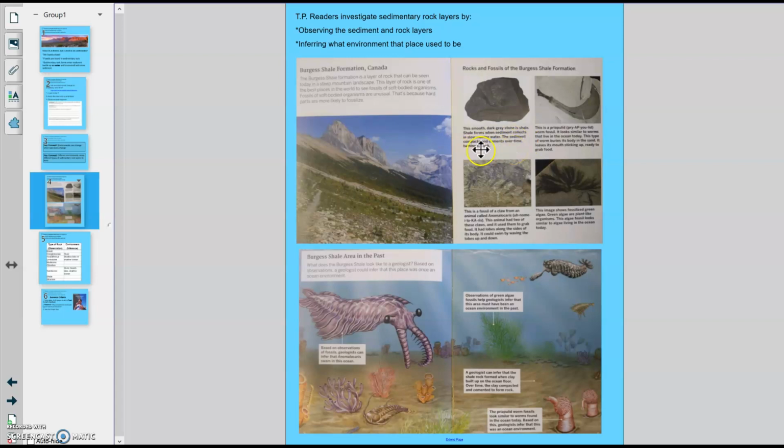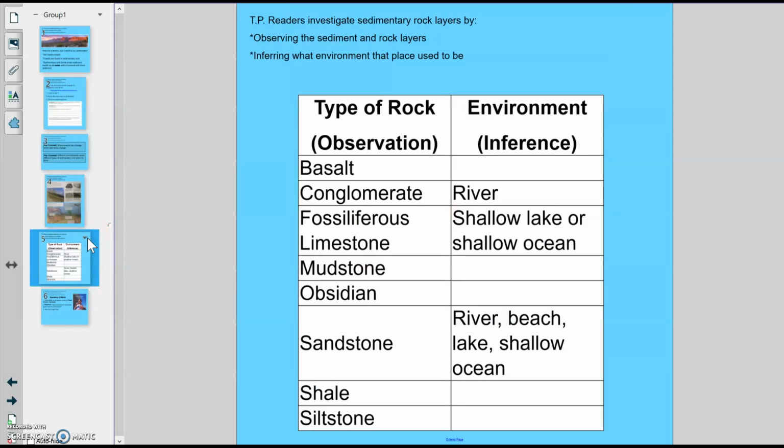The sediment compacts and cements over time, turning to rock. So today it's a mountain range, but because of this rock layer, we can infer that it used to be underwater.